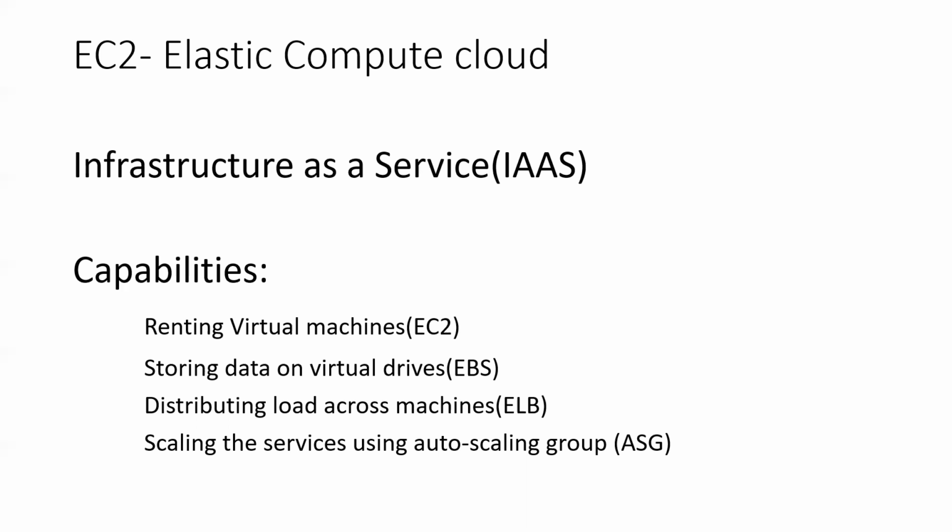Distributing load across machines. If we have multiple EC2 instances, we can distribute the load between them. Scaling the service using an auto scaling group. Scaling means scaling up and scaling down. We can increase the EBS volume, just like I told. So this kind of thing we can do.